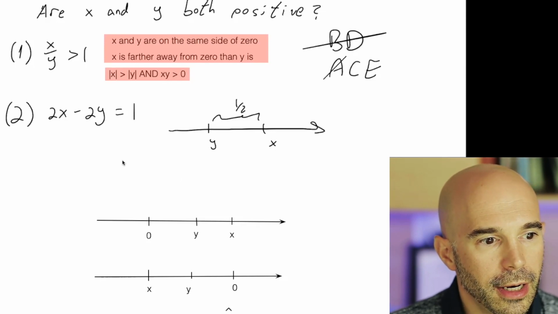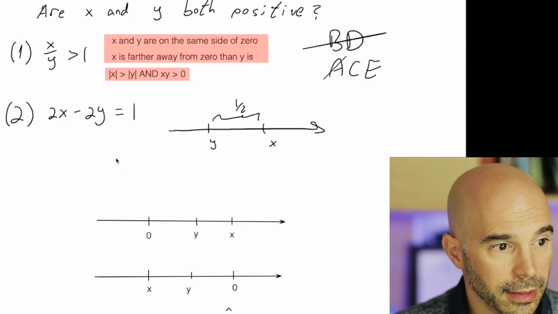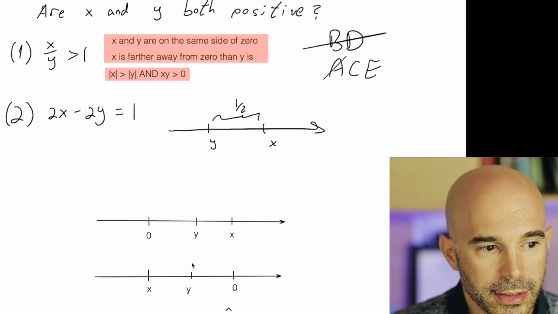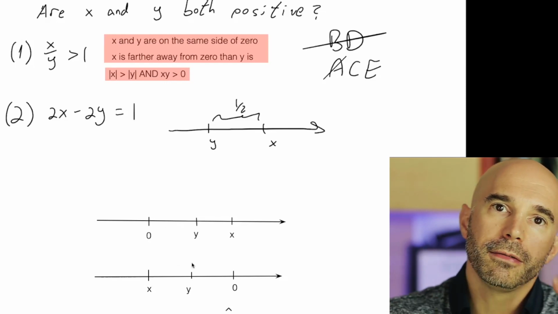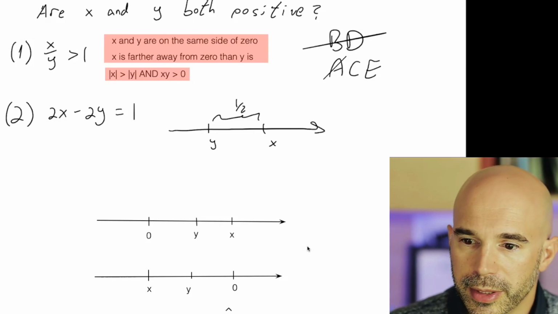Now to finish this off, I'll do something similar to what we did in the previous question. I'm going to say, look, I already know statement 1 allows for these two visualizations. Does bringing in the information from statement 2 eliminate one of those possibilities?